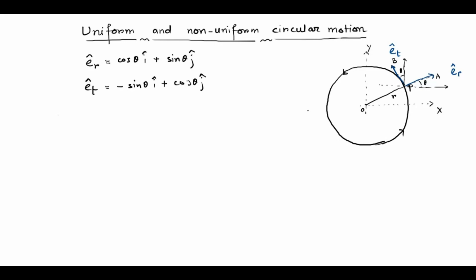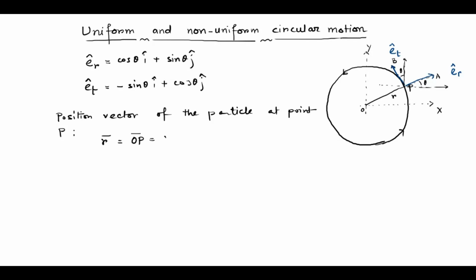The position vector of the particle at point P is nothing but R vector, which is the OP vector.